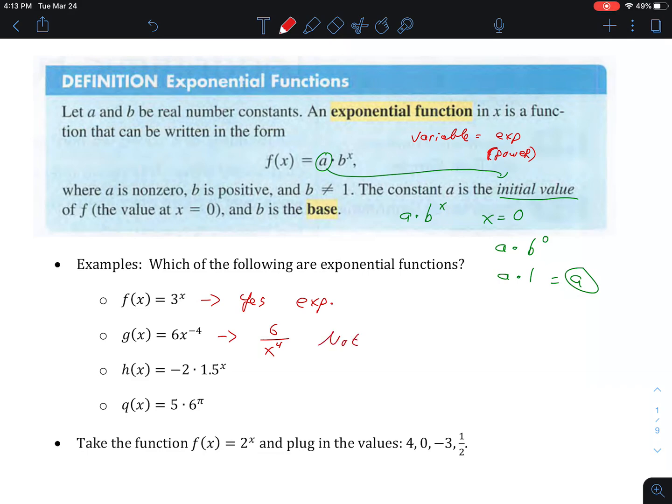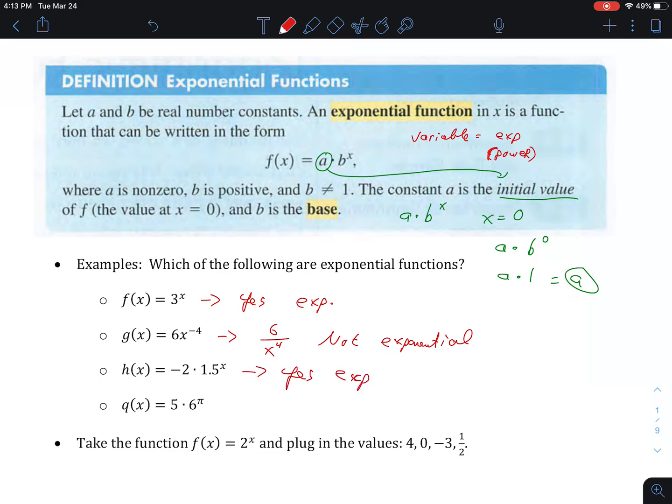This one is not exponential, because when you write it like that, the base is the x and the power is the 4. You're really just looking at whether the x is the power or the 4 is the power.